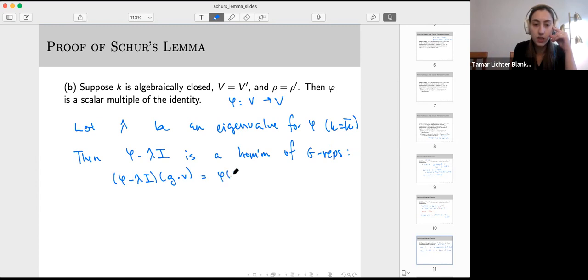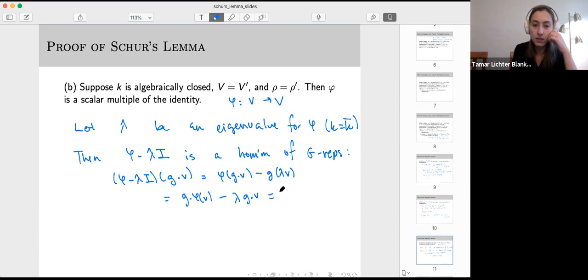Well, this is phi of g dot v minus g of lambda times v. And the g moves past the phi, so this is g dot phi of v minus, and lambda is just a scalar, so it comes out, g dot v, because g is acting by some linear map.